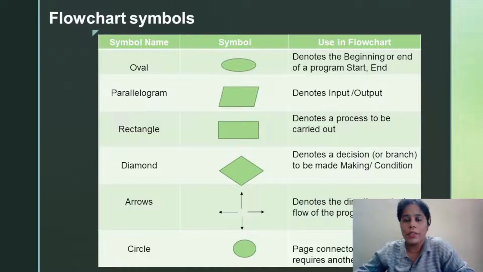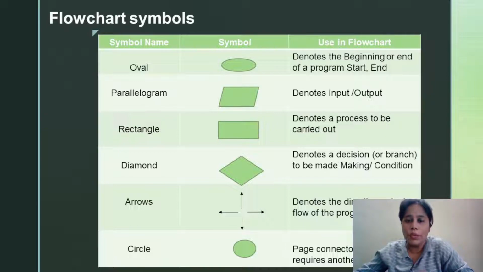Parallelogram indicates the input and output. If I want to give the input, you have to use the parallelogram symbol, or for output we can use the parallelogram symbol. Rectangle is used to represent the process or any type of calculation.